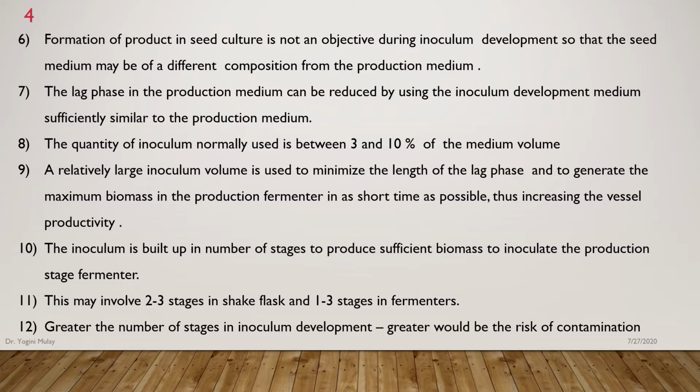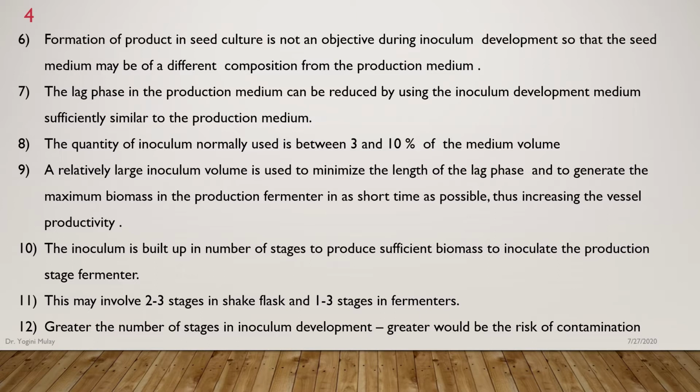The composition of the production medium is designed in such a way that it should support product formation, whereas with the medium used during inoculum development, our objective is not to get the product. Here our objective is to cultivate the culture, to increase the biomass.